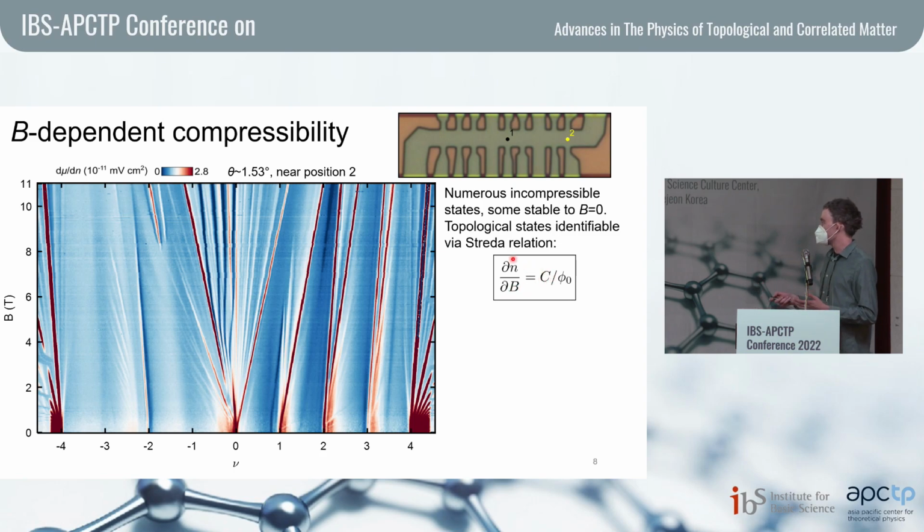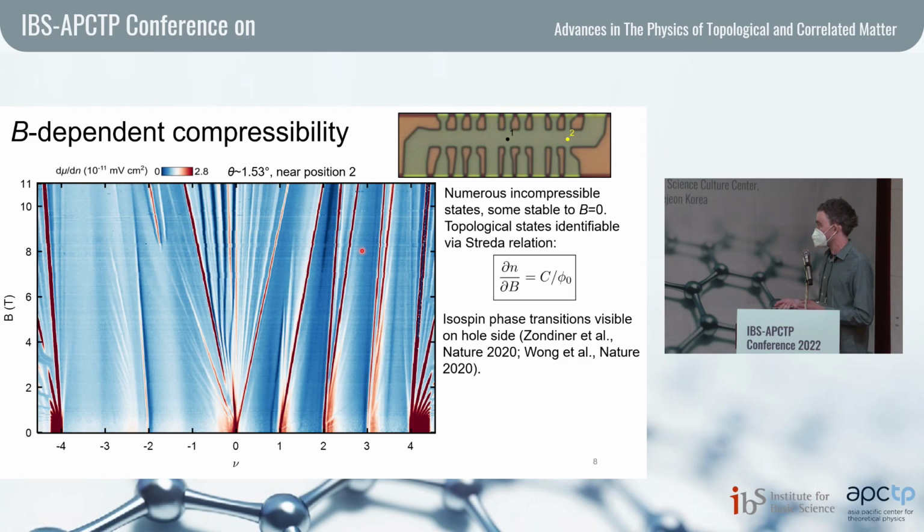So what that means is that all of these gaps that we see with slopes are basically Chern states. They're states with a non-zero Chern number, and in principle they would have edge states. Whether we can see that in transport might be limited by disorder, but clearly they are manifested in the local compressibility. So clearly there are topological, incompressible states all over the place here, despite the fact that they're not apparent in transport.